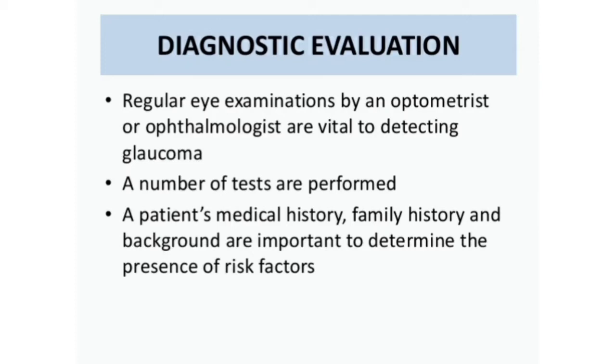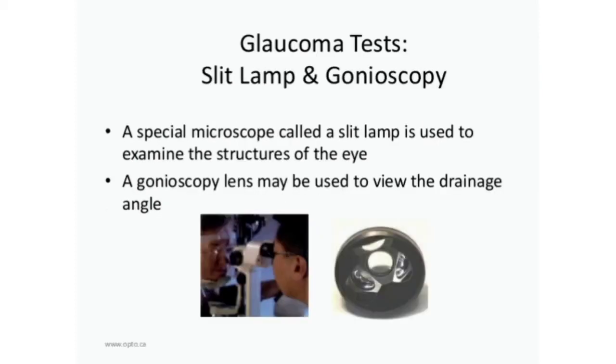Glaucoma can be identified during a regular eye examination by an optometrist or ophthalmologist with the help of an ophthalmoscope, the slit lamp, or other optometric examinations, or different kinds of tests may be prescribed. Sometimes the patient gives medical history and family history, and also the risk factors. The most important glaucoma tests are done with the help of the slit lamp and gonioscopy.